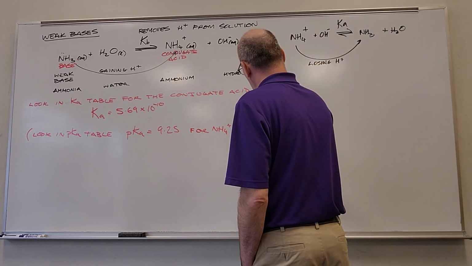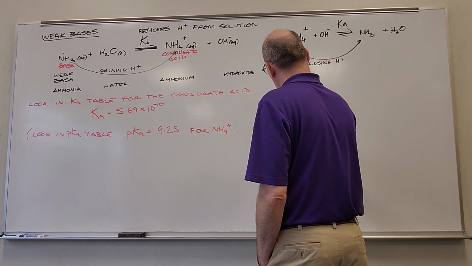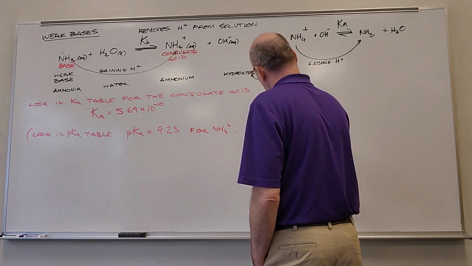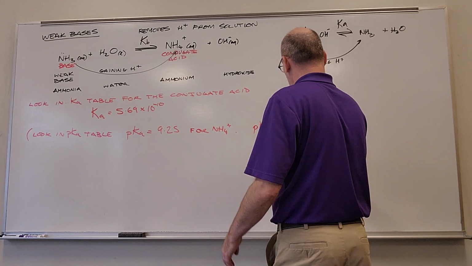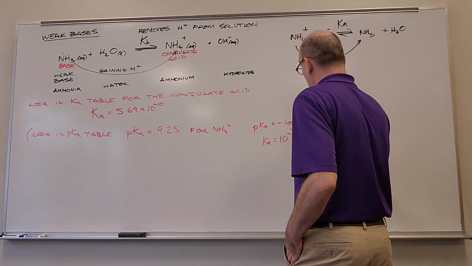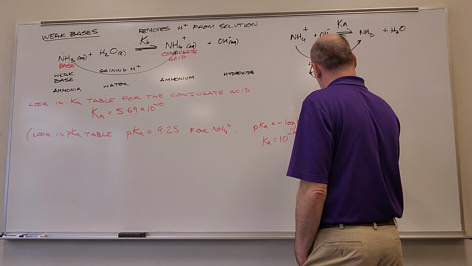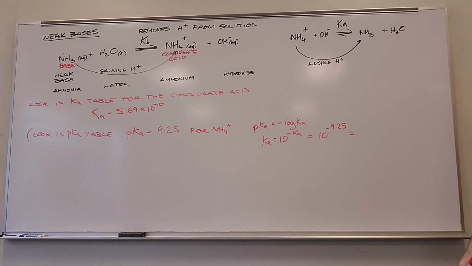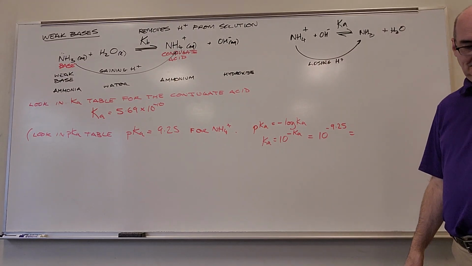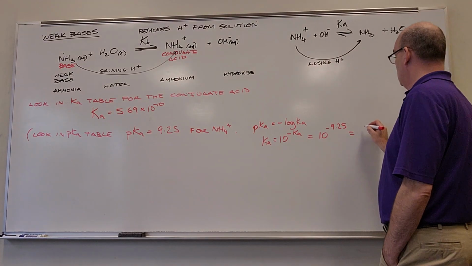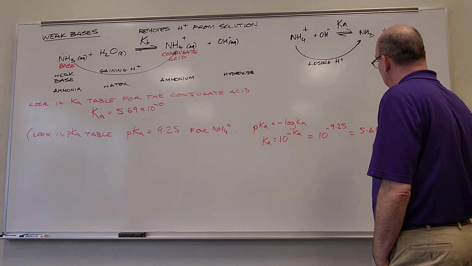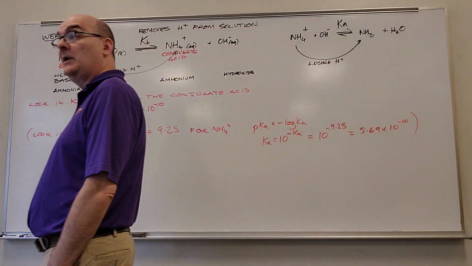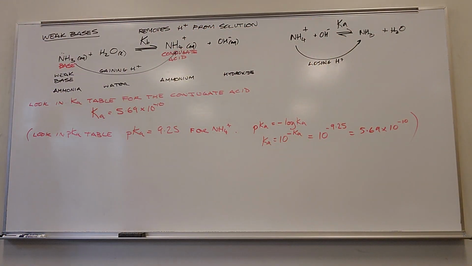The pKa is negative log of the Ka. Therefore, Ka is 10 to the negative pKa, and for us that is 10 to the negative 9.245, which equals 5.69 times 10 to the negative 10. So just in case you can't find a Ka table, but you can find a pKa table, you can turn pKas into Kas.